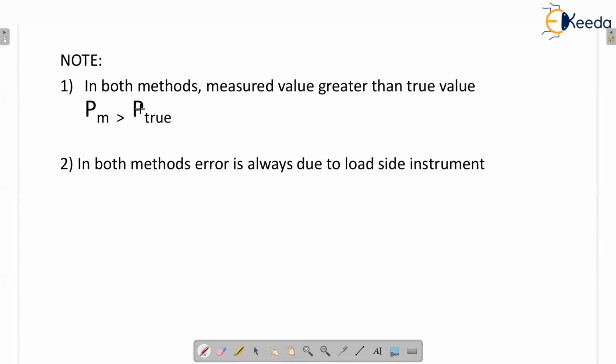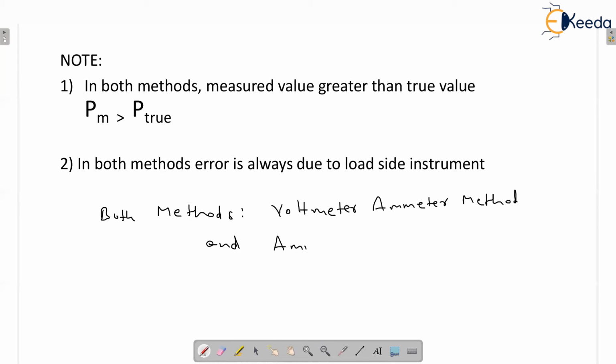So the final conclusion: in both methods, that is, the voltmeter-ammeter method and the ammeter-voltmeter method, the measured value is greater than the true value.